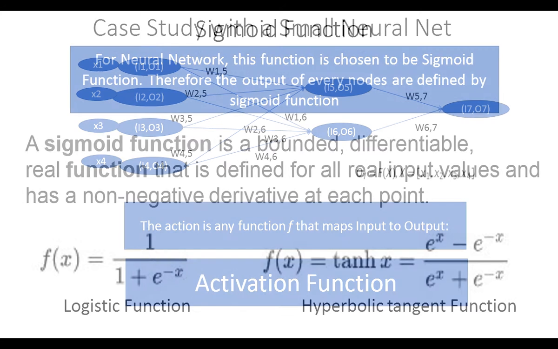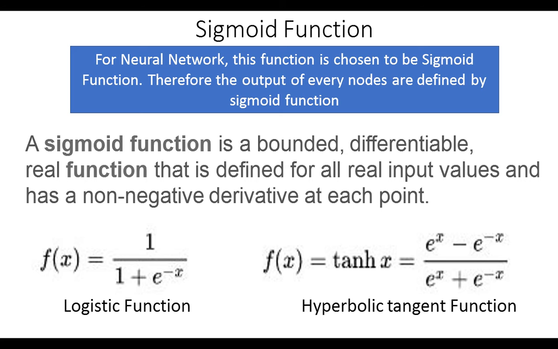We choose the sigmoid function. We choose this function for different reasons. Actually it is differentiable infinitely many times, it is bounded, and it takes real input values. There are several types of sigmoid function, like the logistic function or the hyperbolic tangent function. So these are special functions and we use them to trigger the output from a neural network.